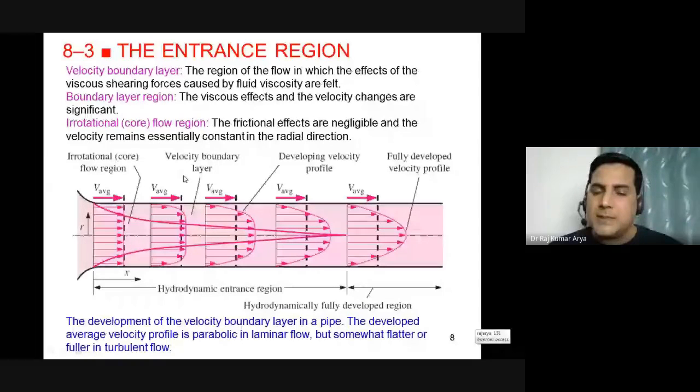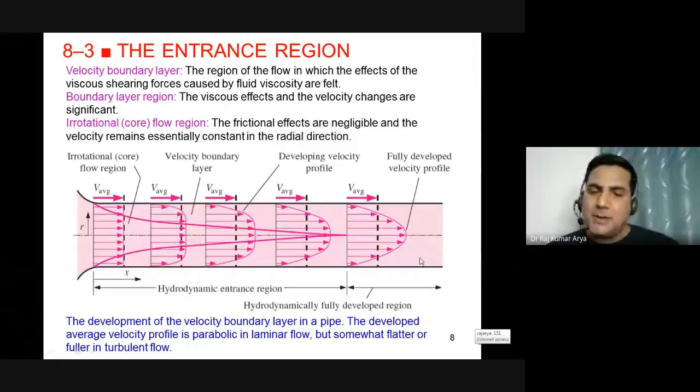So you should always avoid this length while doing the sizing, because it would give some error, because whatever correlations you are applying are not applicable for this range. In primary fluid mechanics, we just consider that in the entire pipe the flow is fully developed.